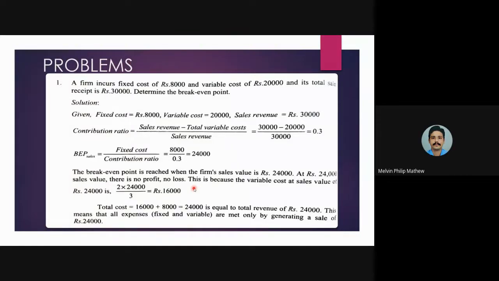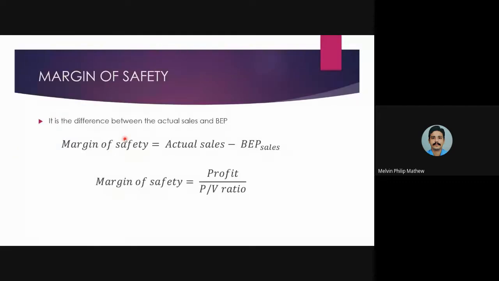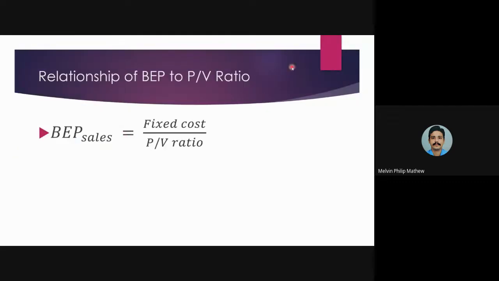Then please write down, in the next line, BEP is equal to fixed cost by P by V ratio.